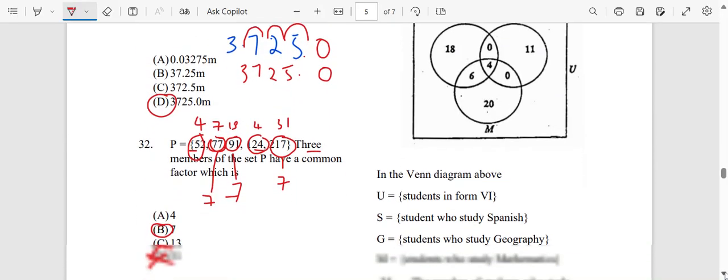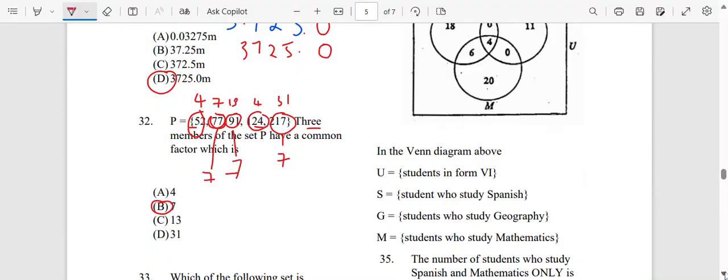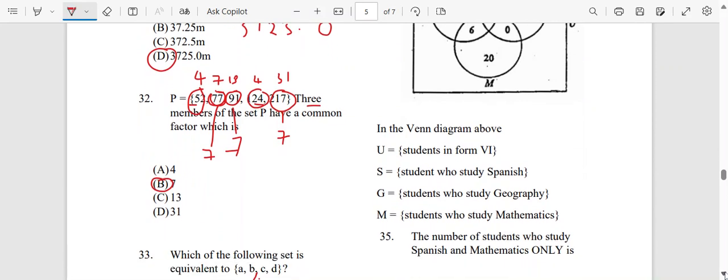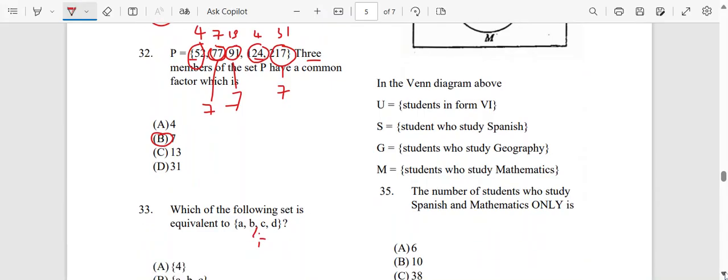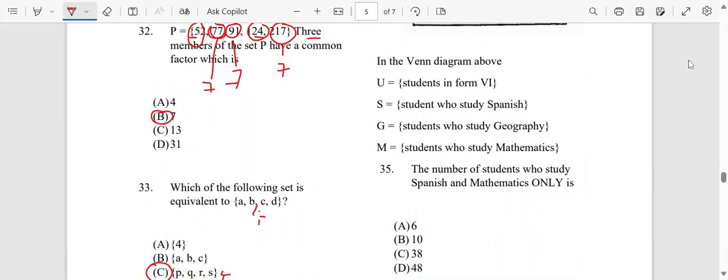In the Venn diagram above, it says U represents students in form VI, which is form 6, and S students who study Spanish, G students who study geography, M students who study mathematics. The number of students who study Spanish and mathematics only.